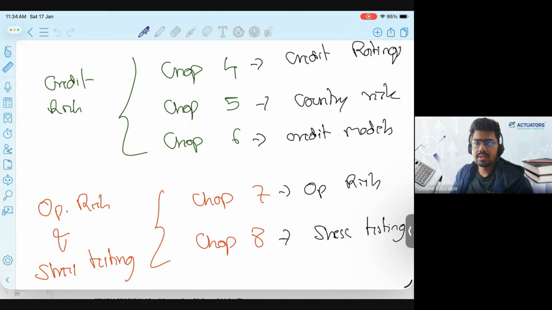Like India has good credit relations with other countries. If they try to raise debt, they can raise it much more easily when we compare it with Pakistan. Pakistan will be facing difficulty in raising debt because the economy is doing poorly.